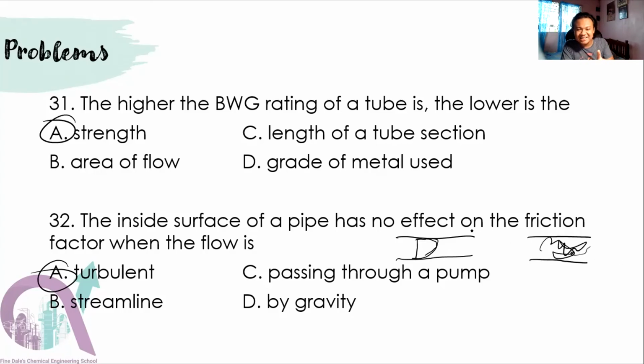So if the inside surface of the pipe is smooth, the effect is negligible when the flow is turbulent. If it is rough, it will really have a big effect on the velocity of the water inside the pipe.